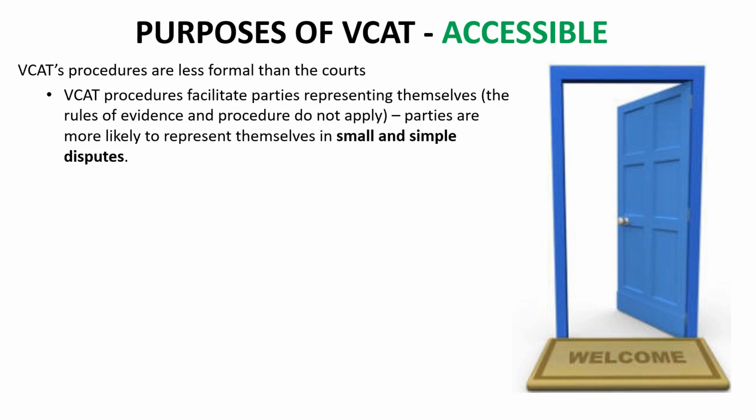In particular, the technical and complex rules of evidence and procedure that apply in court hearings, and which can only really be understood by lawyers, do not apply in VCAT hearings. This improves access because a party can argue their own case. It also improves access because the party doesn't have to pay for a lawyer, and legal costs can be a significant barrier to a party bringing their case.